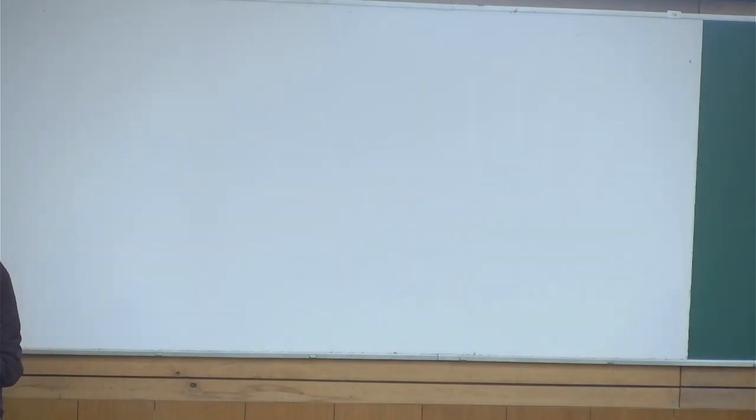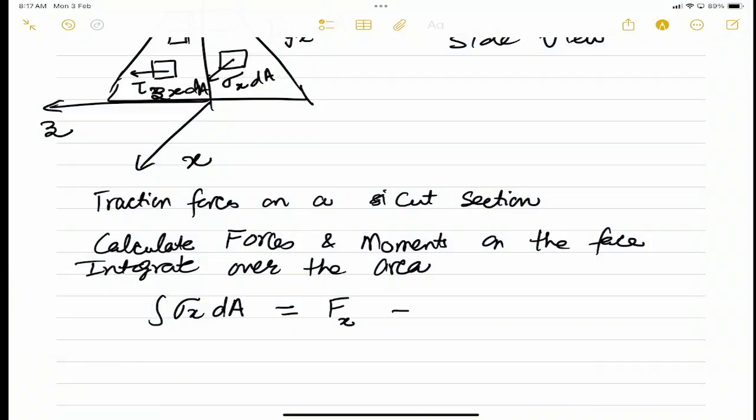And this will be equal to f sub x, and this is 0, because on the cut section I only have a moment. So integral of sigma x dA will be 0.